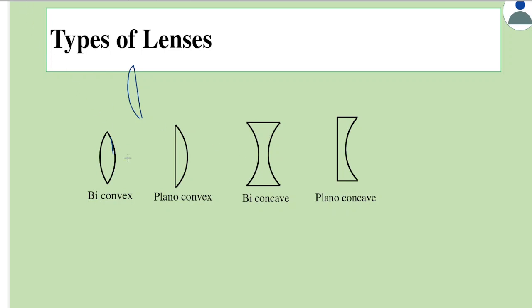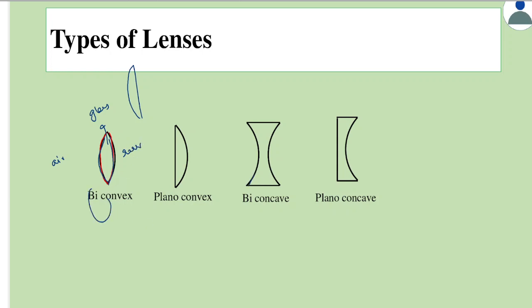In this case, since the convex side and the convex side are facing the rarer medium, because the lenses are mostly kept in air, which is a rarer medium, and the lens is mostly made up of glass, this is called biconvex.